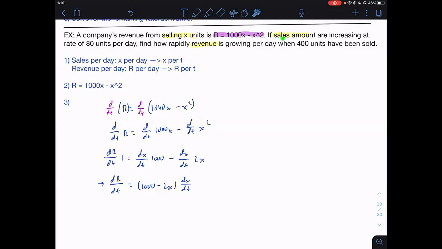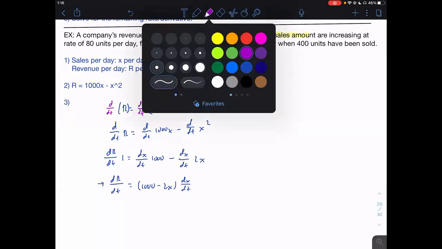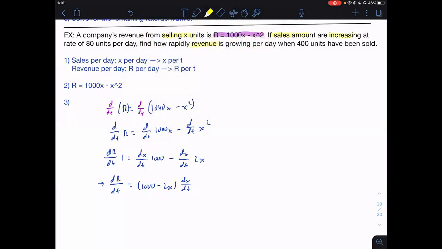And then the second statement tells us, if the sales are increasing at a rate of 80 units per day, what do you think that 80 is representing? It's the value of the change in the sales with respect to day.